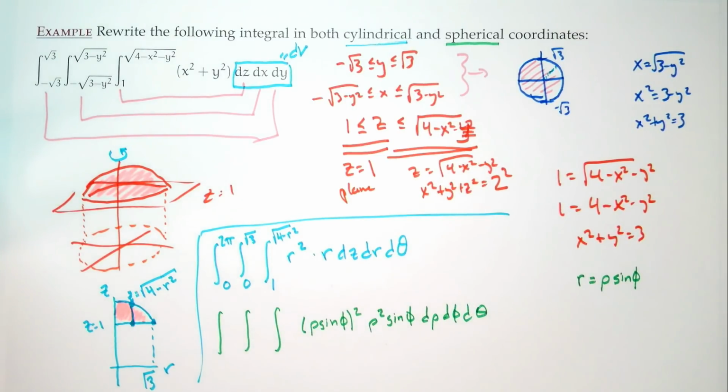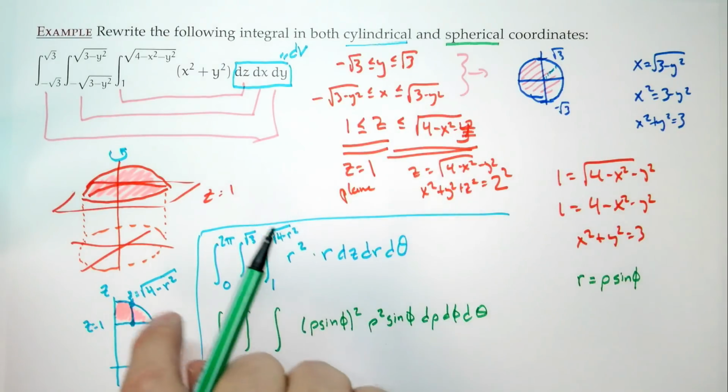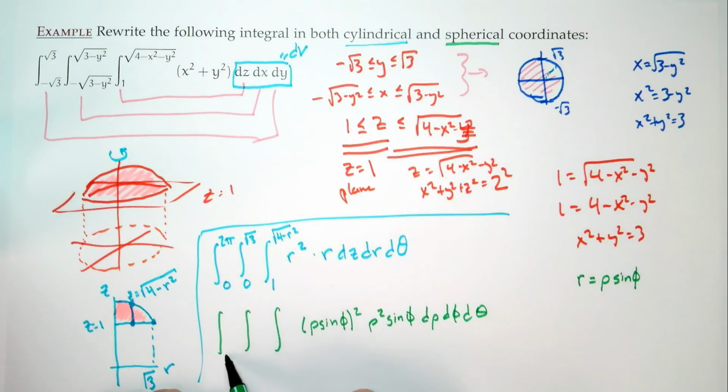Good. Now we have our function and our dv, which means our bounds are left. The theta bounds are still the same, because you go all the way around: 0 up to 2 pi. Now let's think about phi. You can use this same cross-section to help figure it out.